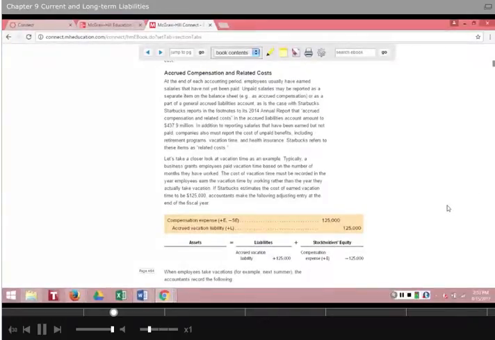We also have accrued compensation. If you remember back in Chapter 5, it represents things like wages, salaries, and benefits that we owe to our employees. Typically, we would debit an expense, whether it be compensation expense, vacation expense, or sick days, and then there would be a credit.